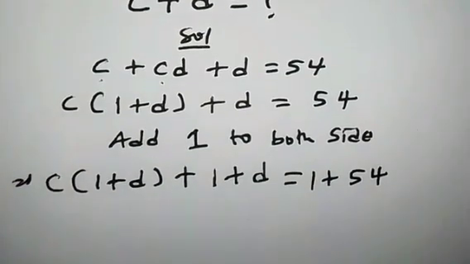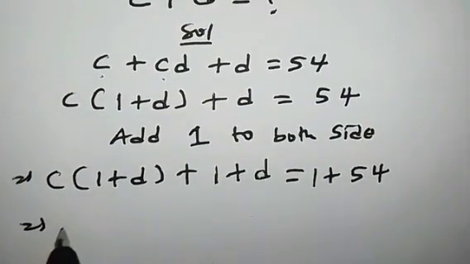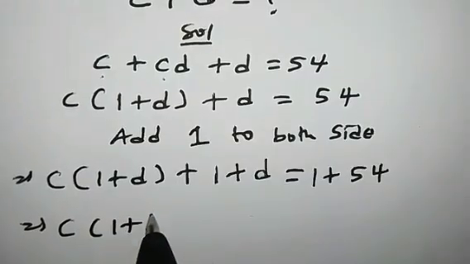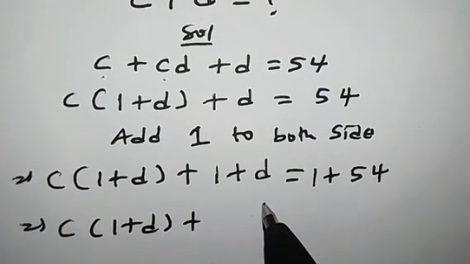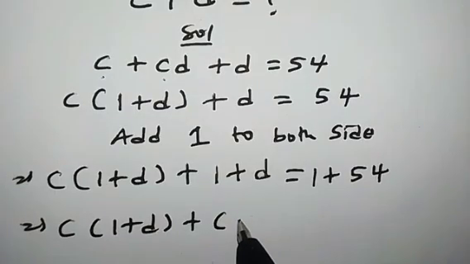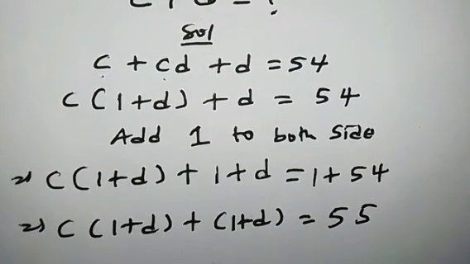Let's continue. This means that we have C into 1 plus D plus, I can put these guys in brackets, so that will be 1 plus D in brackets equal to 1 plus 54, that is simply 55.